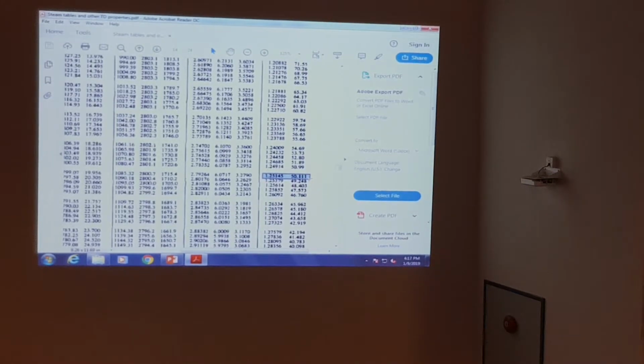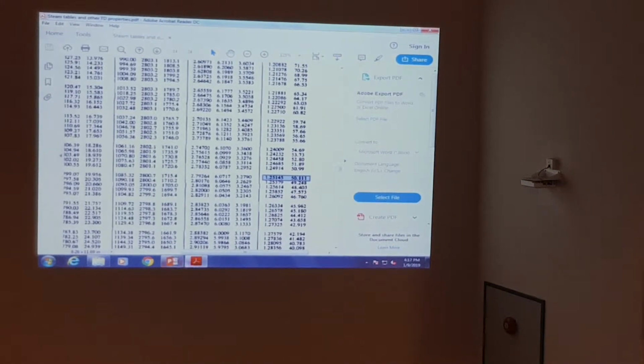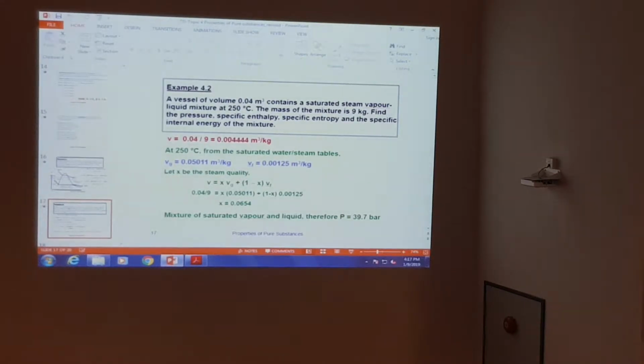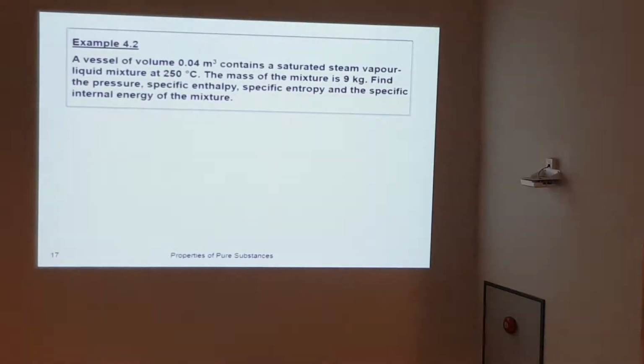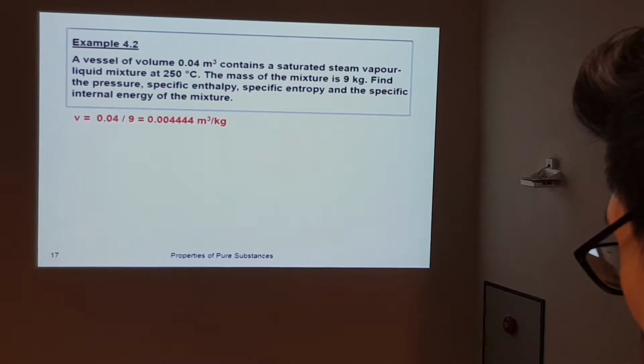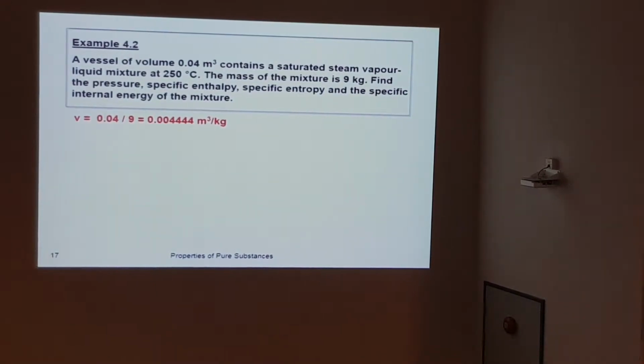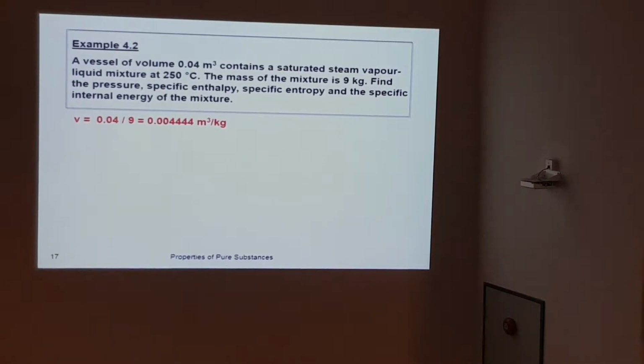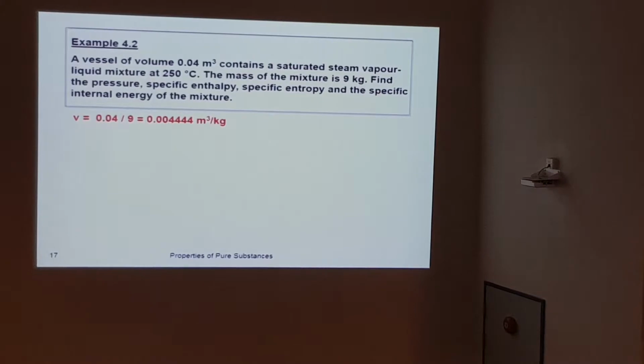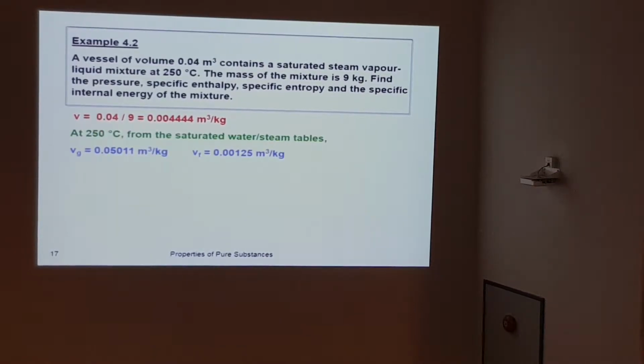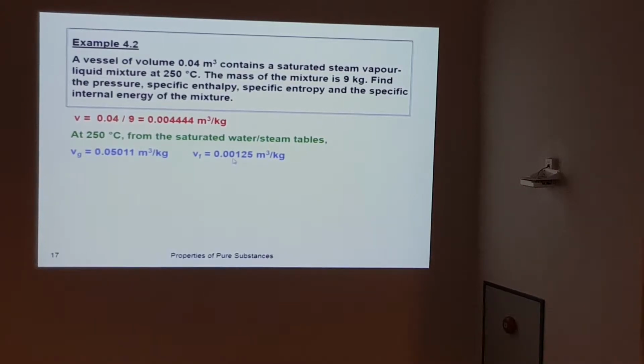After you find that, you go back. What you need is to calculate the specific volume. This is the total of this mixture, meaning the total of liquid and vapor, right? Then you check for 250, what is this? I showed you already.